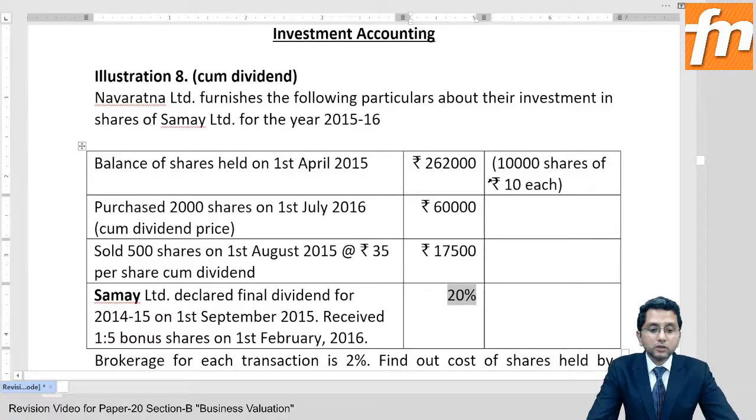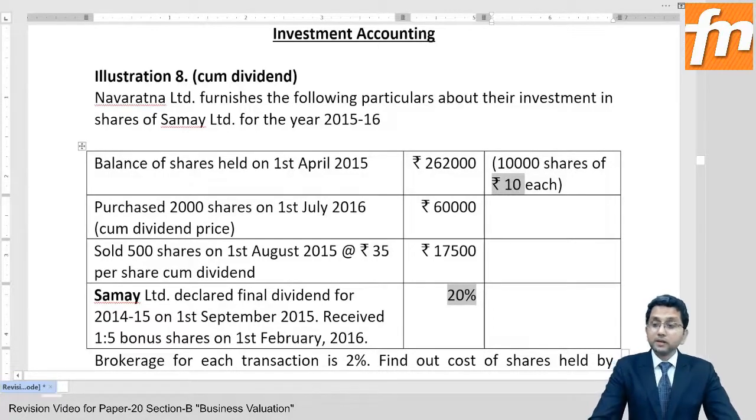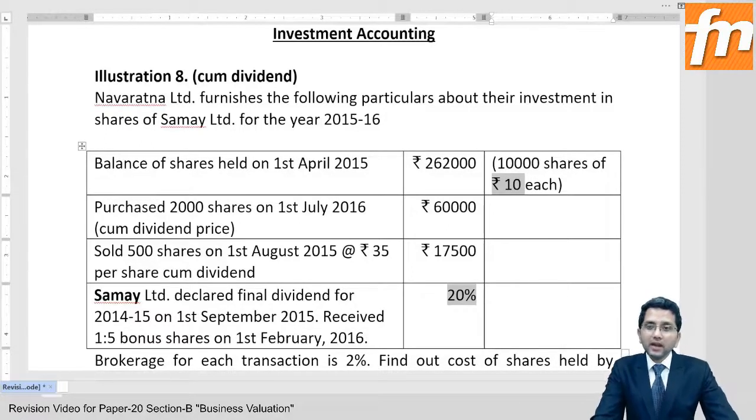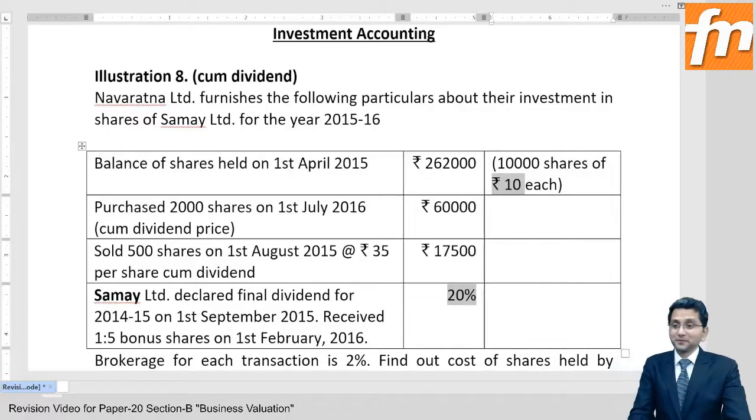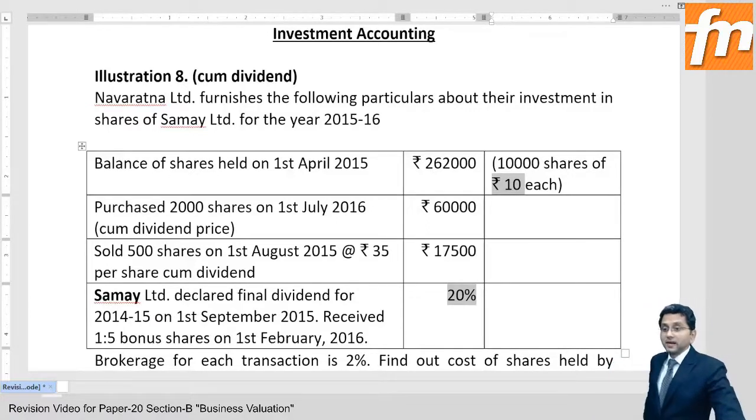Here the face value is rupees 10 and dividend rate is 20%, so the dividend amount is rupees 2 per share. On the other hand, dividend yield is dividend per share divided by market price per share. Here this is not dividend yield, this is dividend rate.